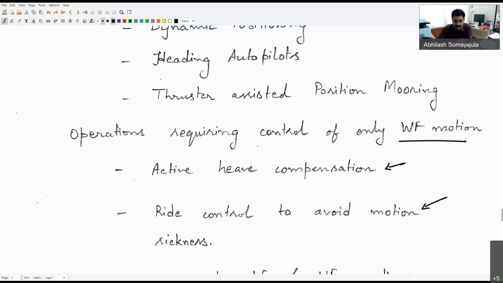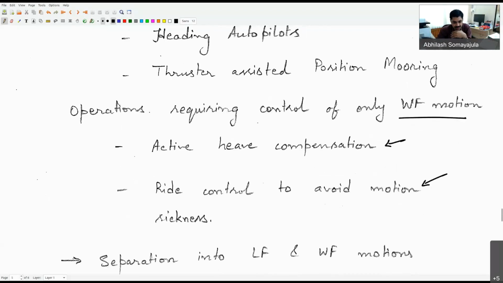So those applications require the wave frequency motions to be isolated, whereas the above ones require the low frequency motions to be isolated. So depending on applications, you do have to separate out whatever you're measuring into the low frequency components and the wave frequency components.